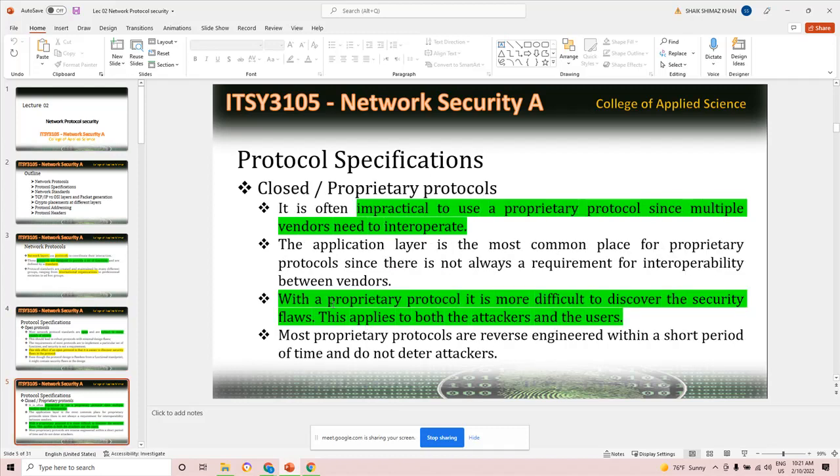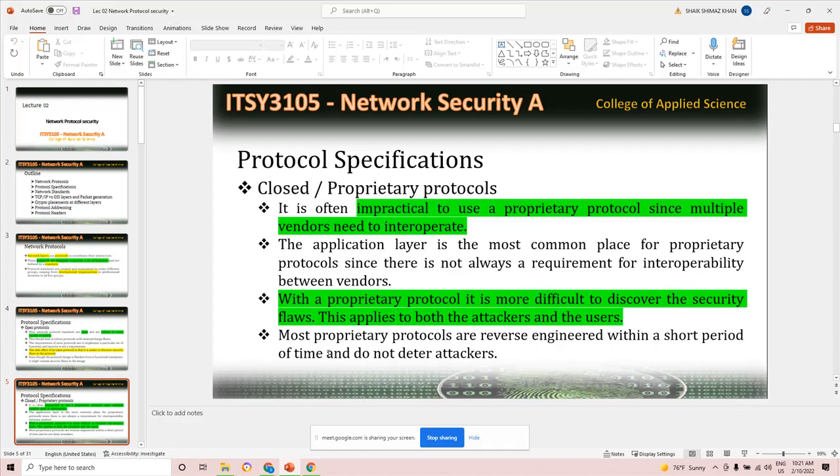A closed protocol means it belongs to some vendor like Cisco, Juniper, or Microsoft. These organizations develop protocols, and these protocols belong to a specific vendor. You understand? It is impractical to use proprietary protocols since multiple vendors need to interoperate.